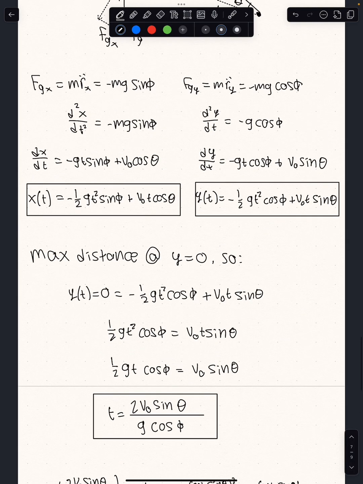We just plug that into our x equation right here.